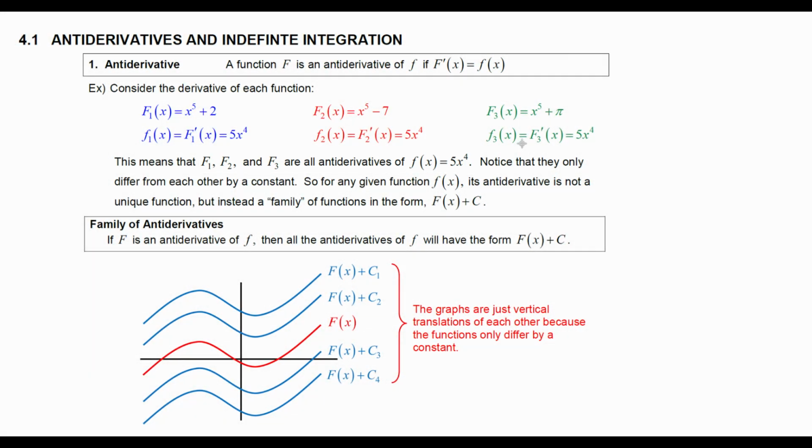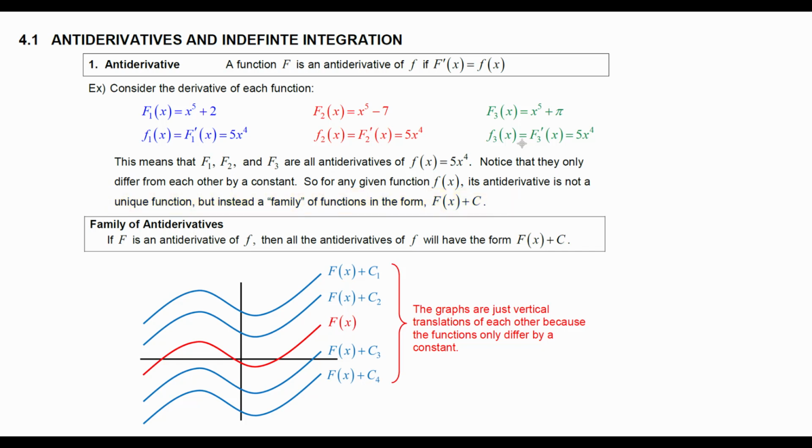Not only that, capital F of x could be x to the fifth power plus any constant c. So for any given function f of x, its antiderivative is not a unique function, but instead you get a family of functions in the form of capital F of x plus any constant c.